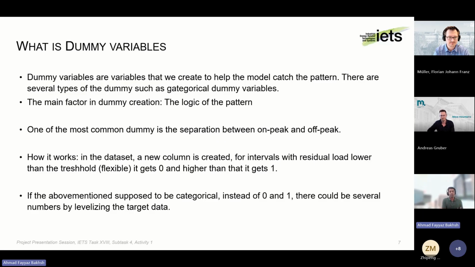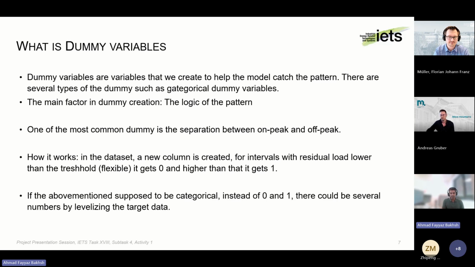So we simply add one column as dummy. But when we want to be more advanced in statistics, they use categorical dummy variables, where instead of putting 0 and 1, we put as many levels as we want, like from 0 to 20.